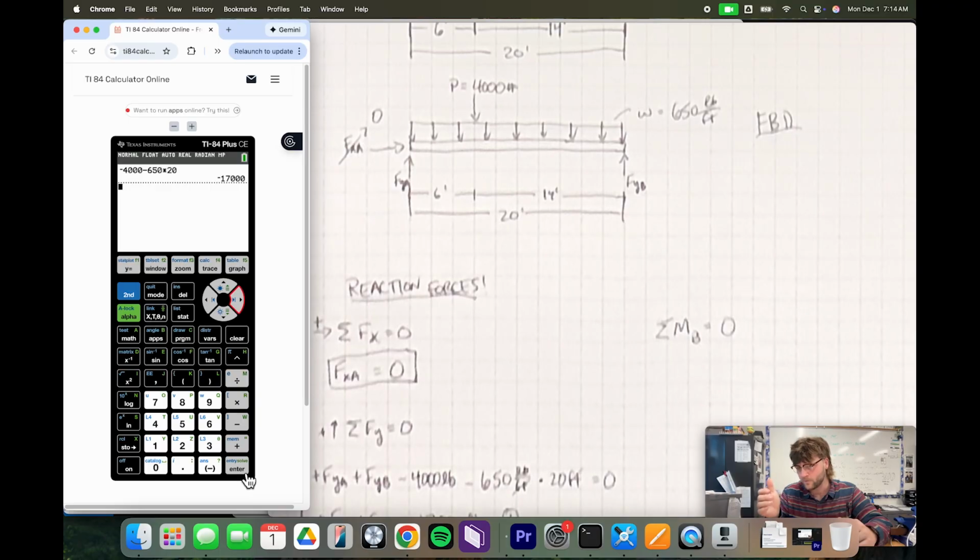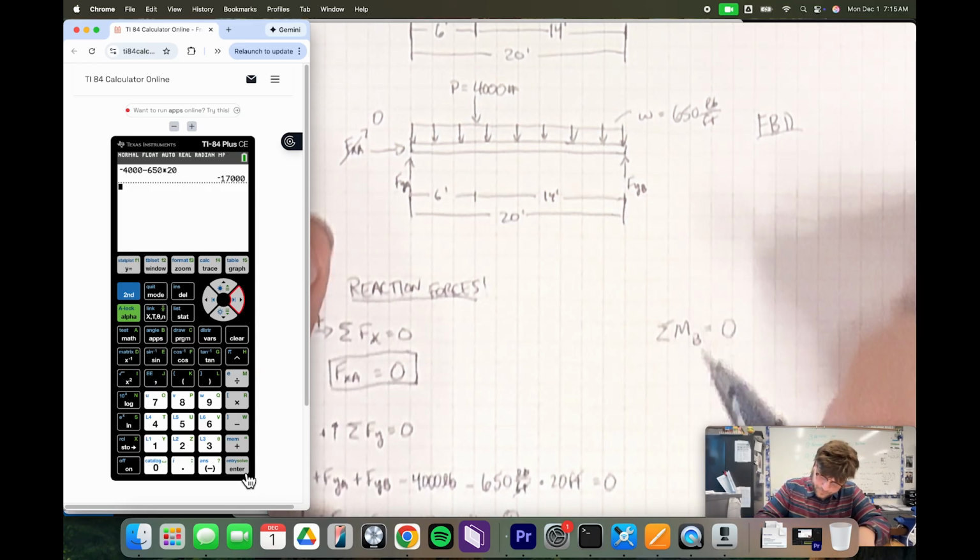What the right-hand rule states is if you mimic the rotation with your fingers, whichever way your thumb is pointing, if it's pointing up, that means it's going to be a positive moment. If it's pointing down, it's going to be a negative moment.